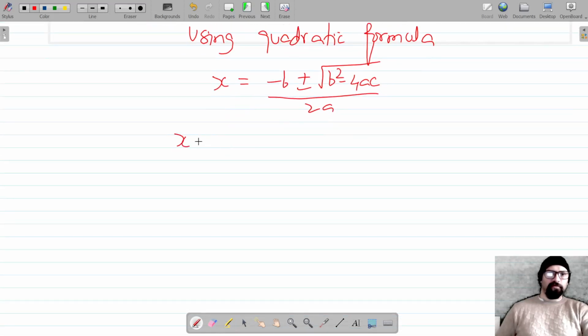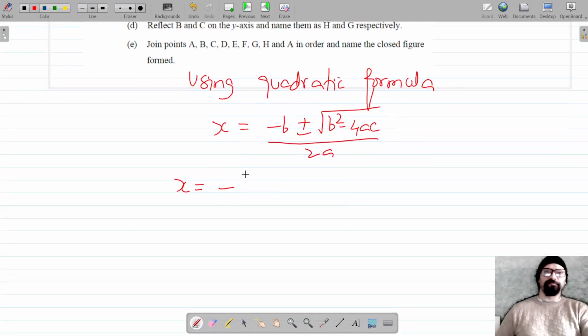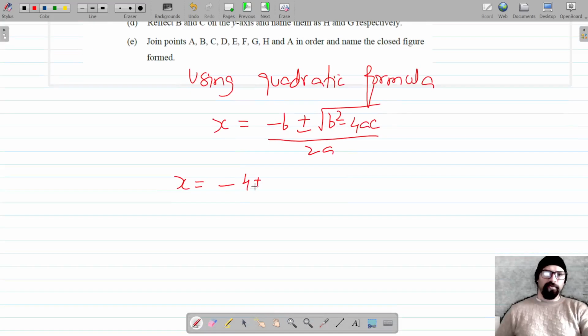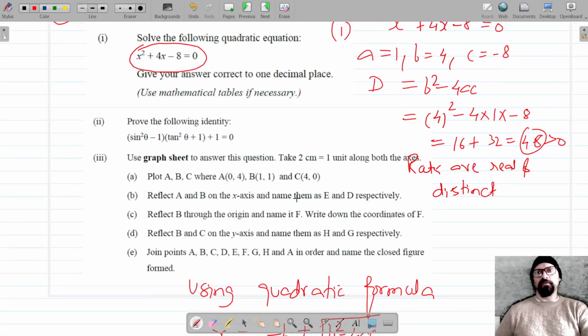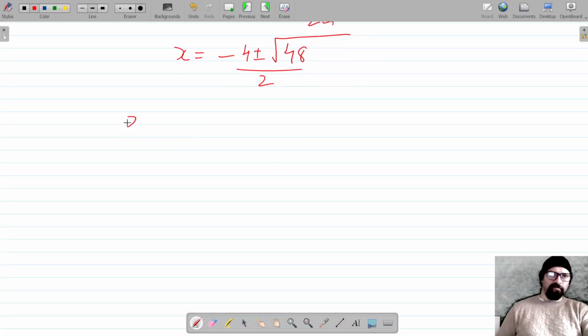So x is equal to negative b, b is 4, plus minus, and we have already got b square minus 4ac, which is 48, divided by 2 into a, a is 1, so this is 2. So this gives me x is equal to negative 4 plus minus under root 48 by 2.